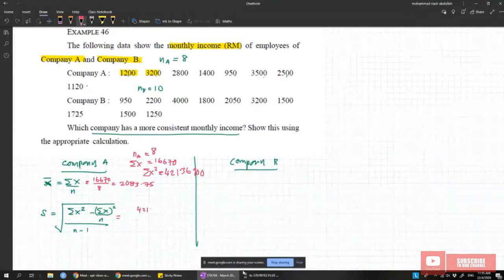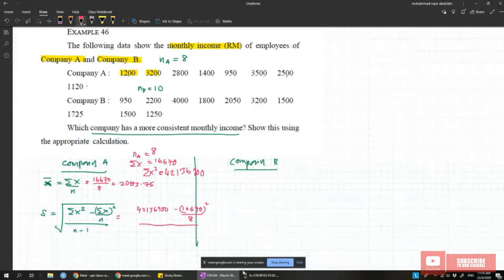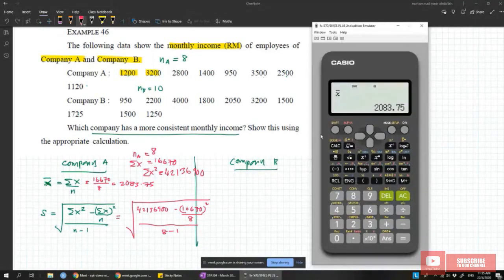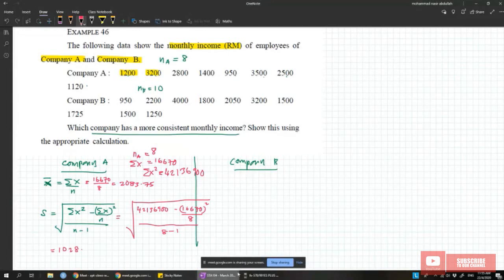And then for this one, just plug in the values: 4213690 minus 16670 squared divided by 8, everything divided by 8 minus 1, taking a square root, right? You can press shift 1 4 and choose 4, right? So this one you don't need to square because we are looking for standard deviation. So this is 1028.23, right?